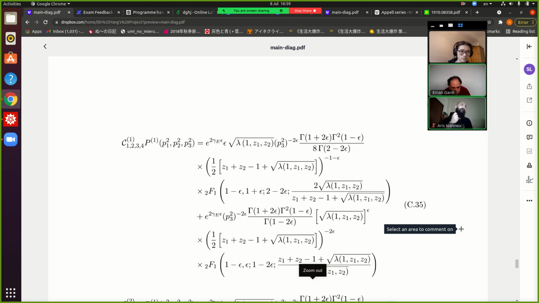The other thing I wanted to say is that there are integral representations for certain F4s that are in terms of integrals over 2F1s. So when we look at that, I think it would be good to check whether the particular F4s that you have to deal with, or F2s, by the way, because some of the cuts, the free propagator cuts are F2, fall in the class that can be written in terms of simpler functions.